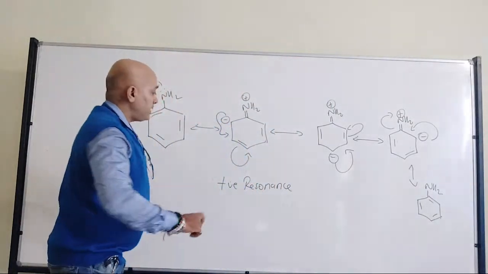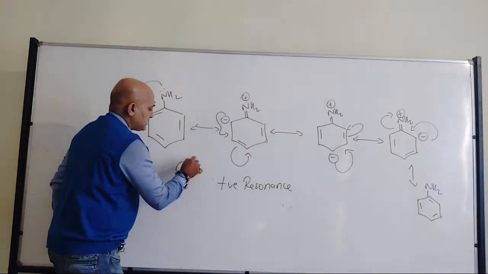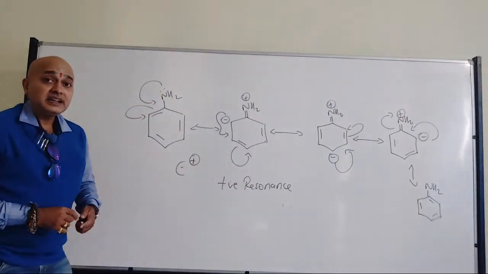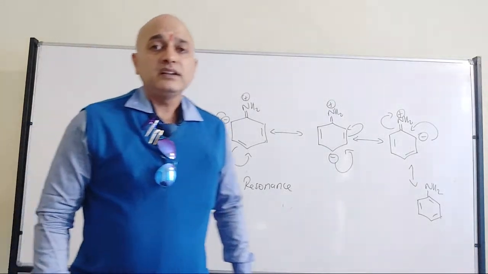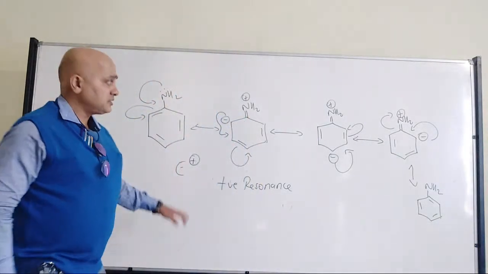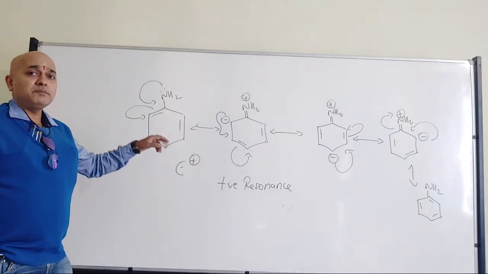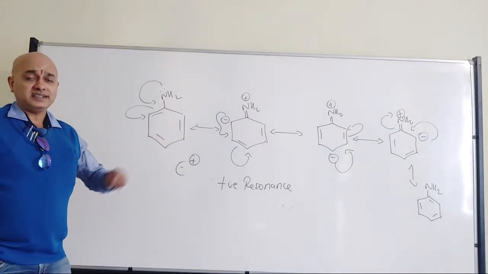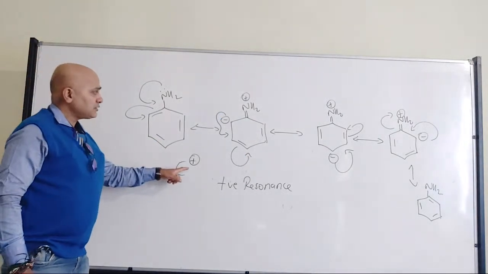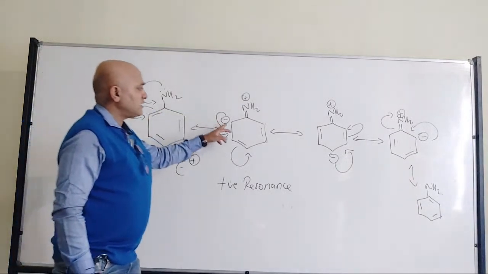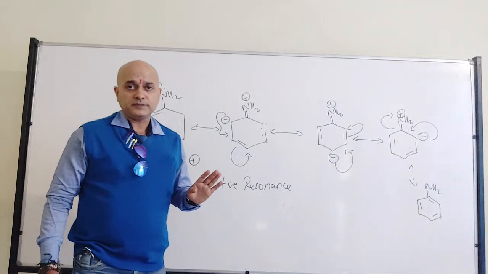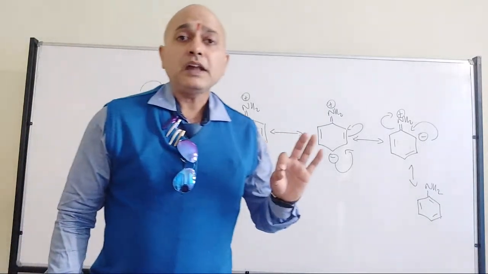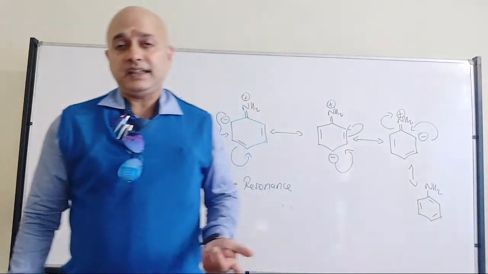Therefore, please remember, if I take an electrophile going for electrophilic substitution, which you will discuss next, then aniline will be ortho and para directing. That means electrophiles will attack either the ortho or para position. They will not go to the meta position. So they are ortho and para directing.